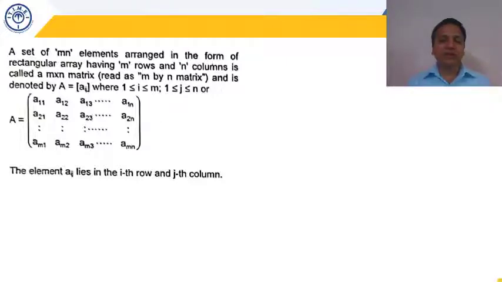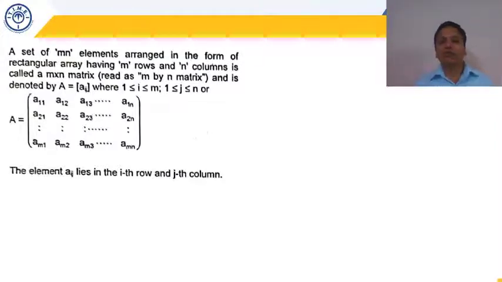A11 is an element representing first row, first column. A12 is an element representing first row, second column, and so on. Suppose A23 is written, the first part denotes the row. That means second row, third column.